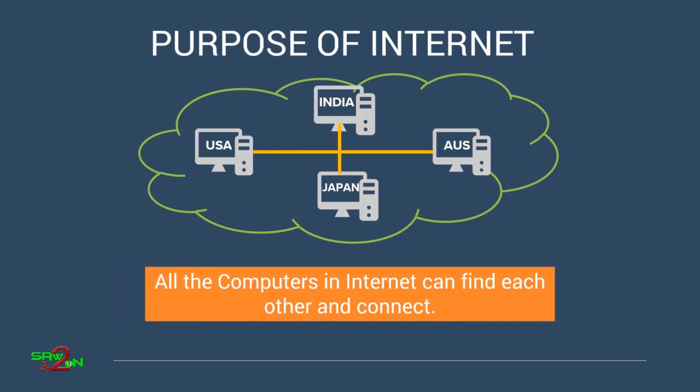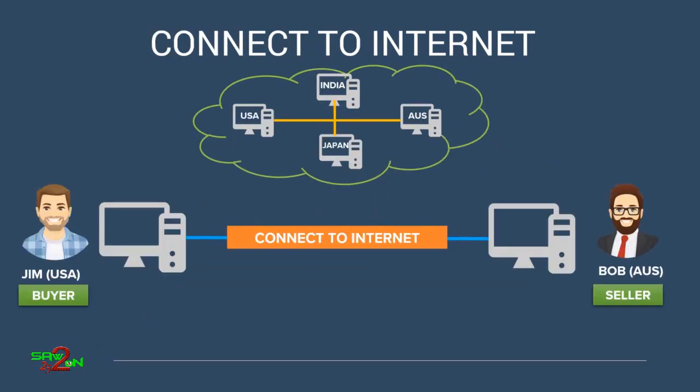Okay, so let's look at the purpose of internet. All the computers in the internet can find each other and connect. That is the only purpose that internet exists. So let's take a step back. Now let's understand Jim and Bob's problem. Jim's computer is in USA and Bob's computer is in Australia.